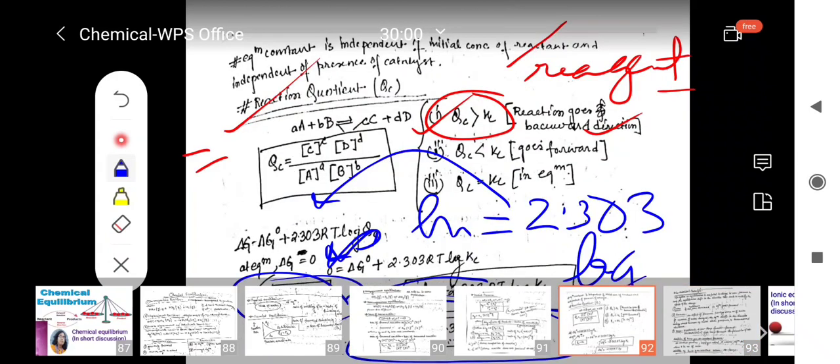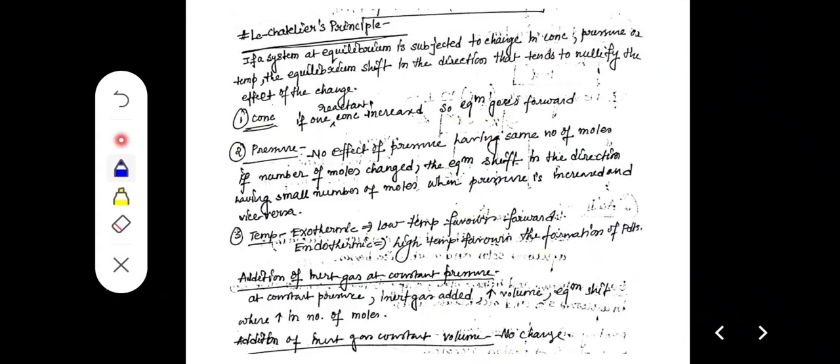Now we consider Le Chatelier's principle, the last topic. If a system at equilibrium is subjected to a change in concentration, pressure or temperature, the equilibrium shifts in the direction that tends to nullify the effect of the change.